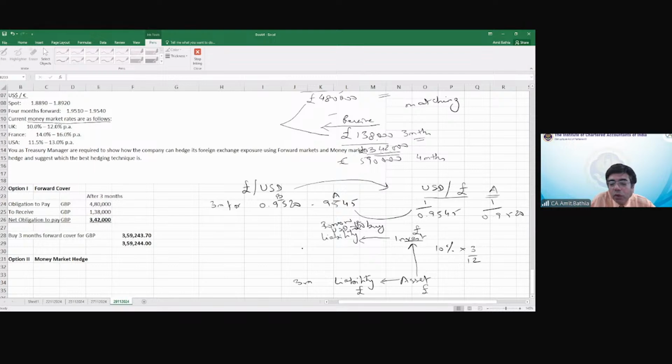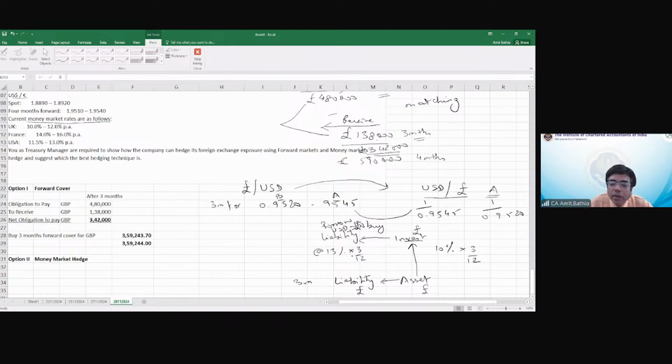So on that, I will have to pay at what rate? 13% into 3 by 12. In the USA, you can borrow at 13%, you can invest at 11.5. So I'll need to borrow at 13%, so it will be 13% into 3 upon 12. Am I right? Okay. Now, the interest rate part is sorted.